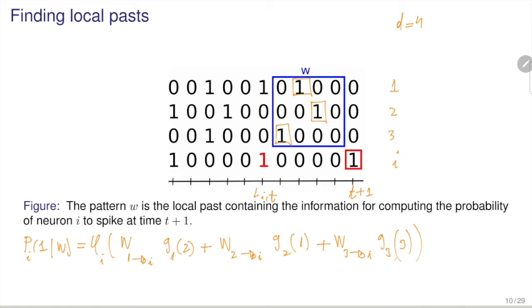So in this example, this is the probability of observing 1 given the local past W.